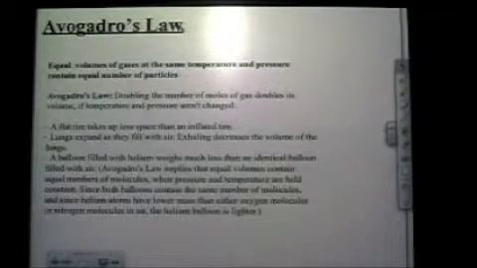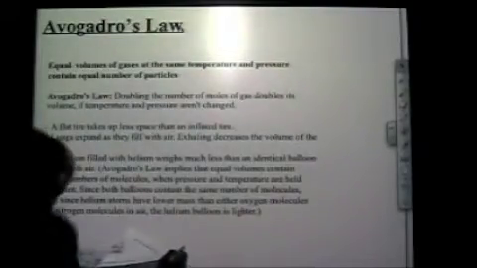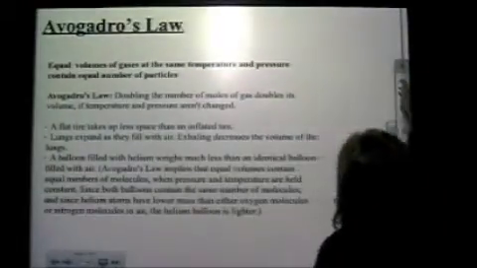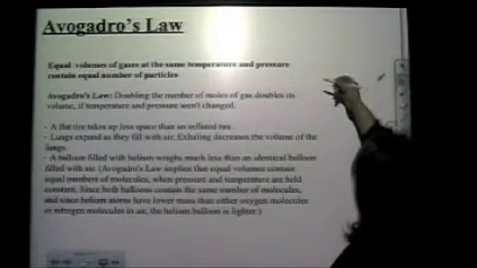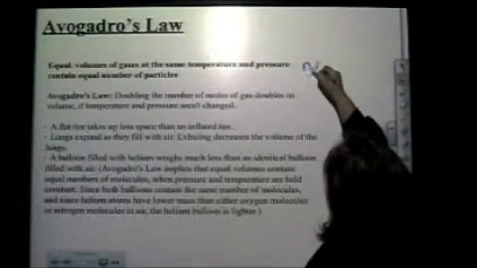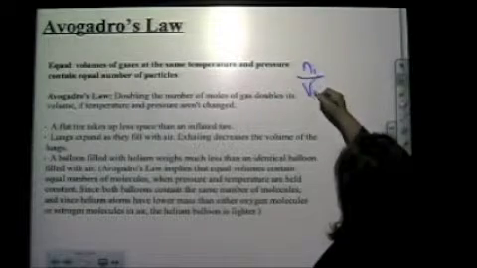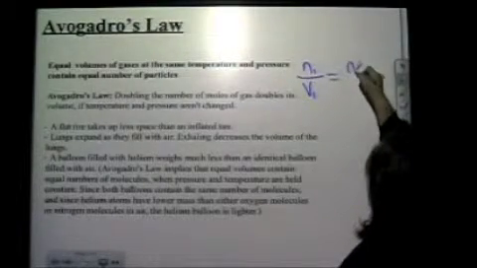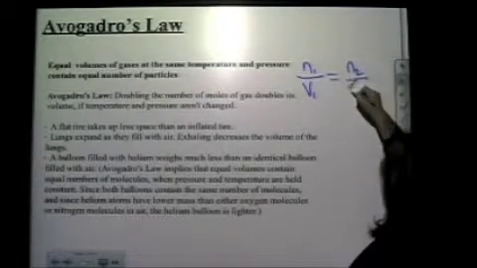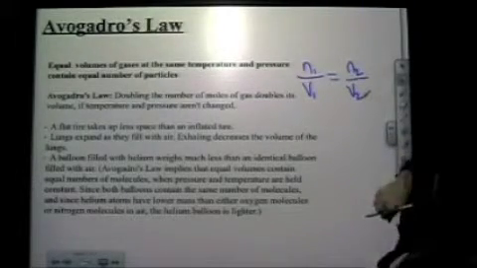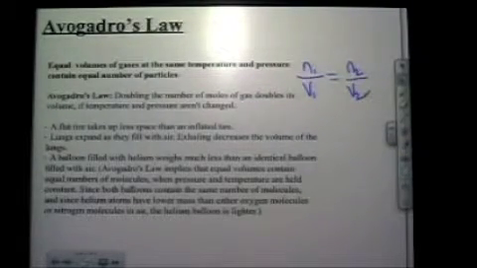Since it's directly proportional, I can look at this relationship, using N to represent the number of moles, V, volume of a gas. I can use this relationship to proceed on. Directly proportional between moles of a gas and volume of a gas.